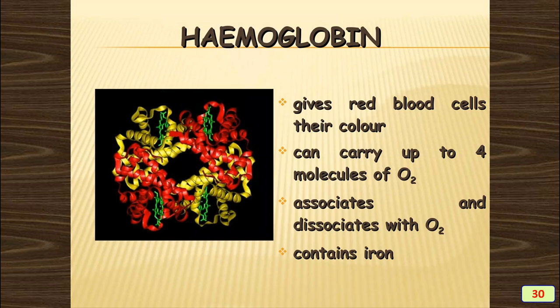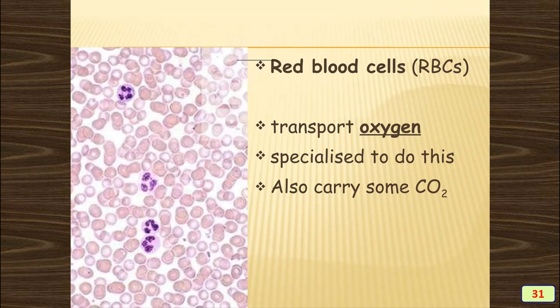Hemoglobin is a colored substance that is always required for carrying oxygen to the different tissues. Red blood cells transport oxygen and also carry carbon dioxide, because both are simultaneously taken in and out.